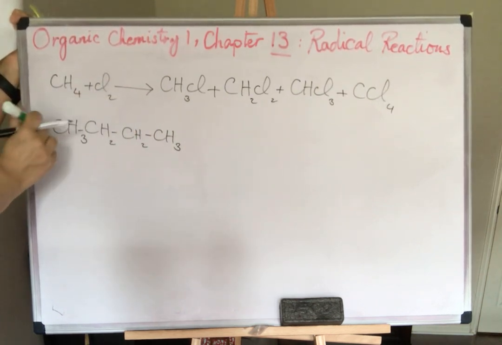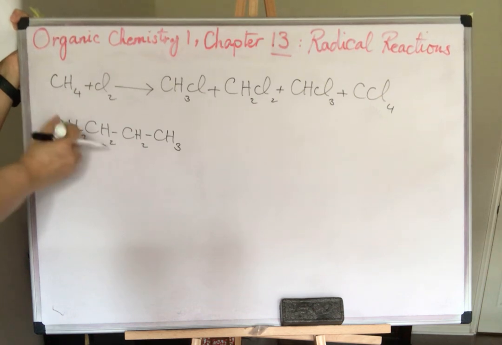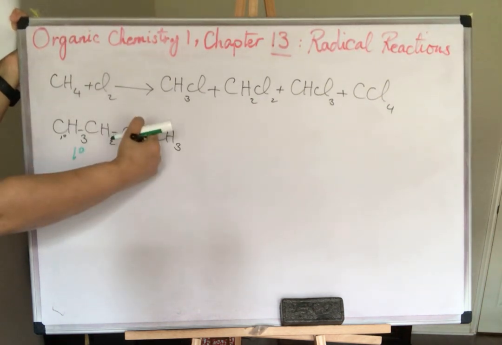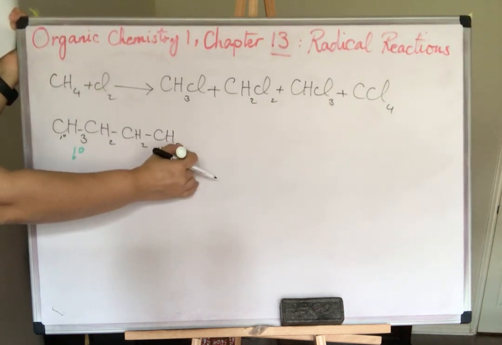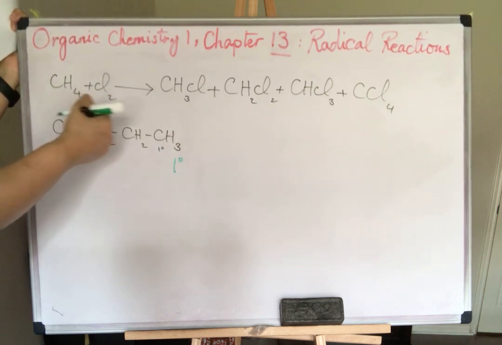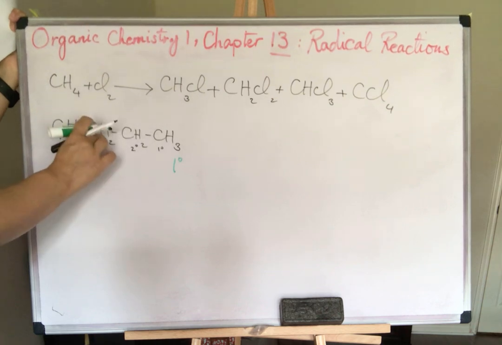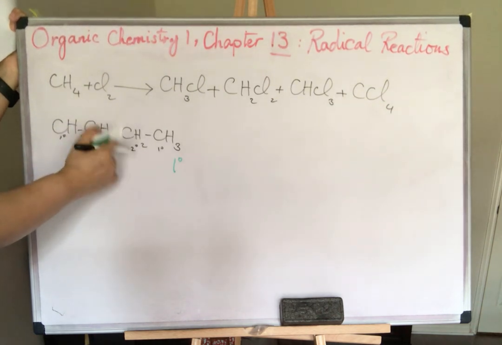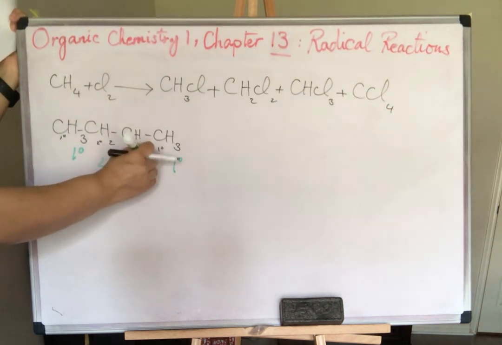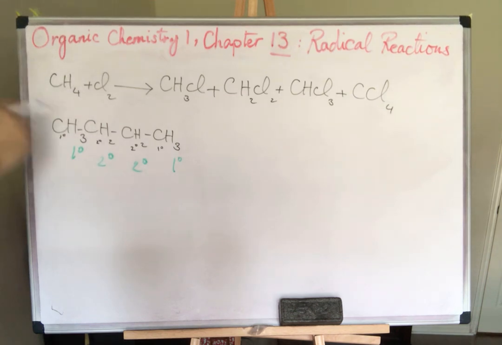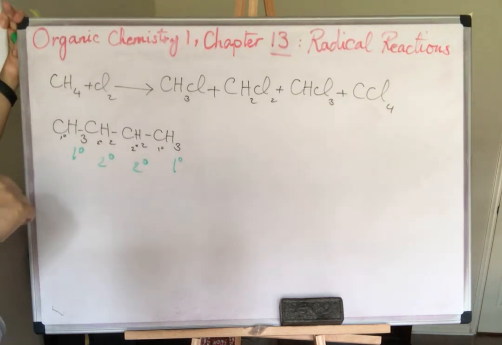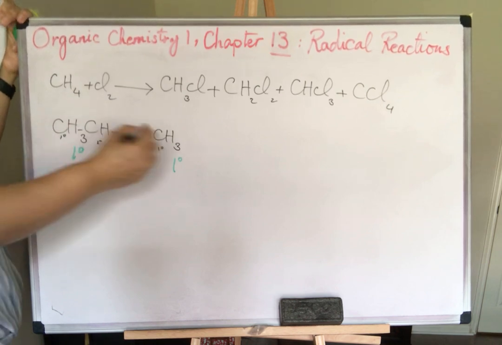The hydrogens attached to primary carbon, they are all primary hydrogens, right? The hydrogens attached to secondary carbons are secondary hydrogens. So depending on which of these hydrogens is replaced, the type of compound is different.